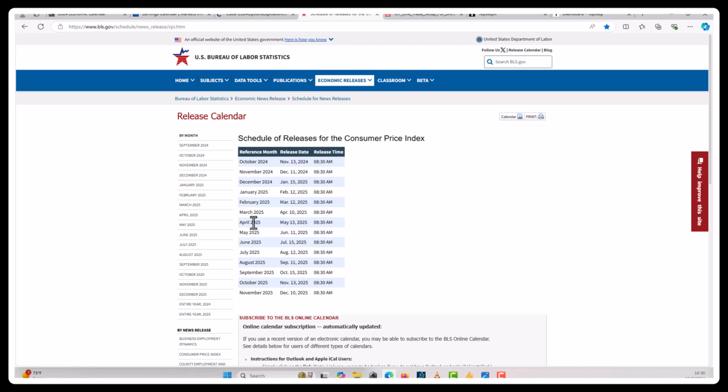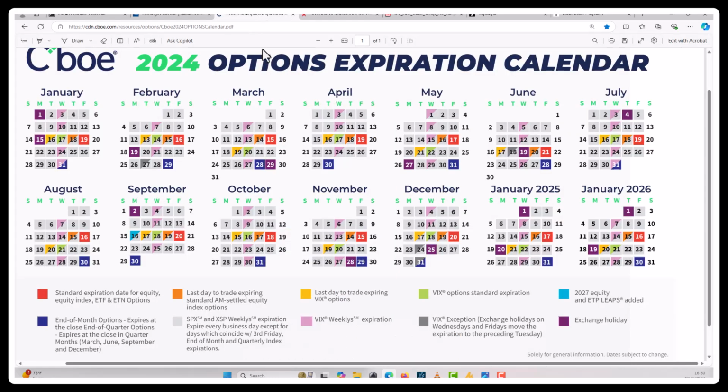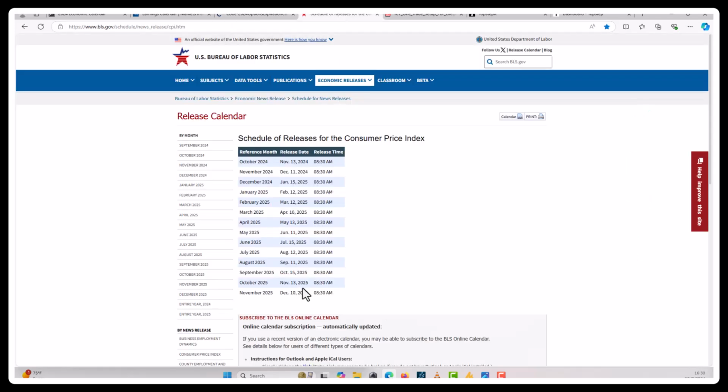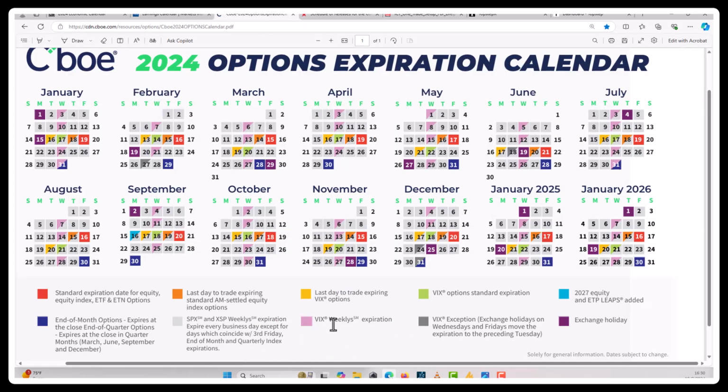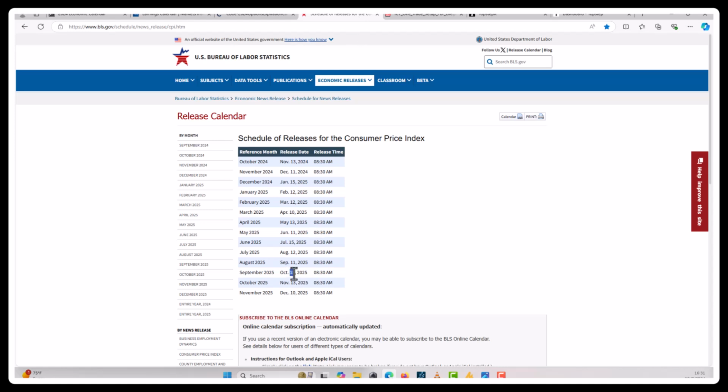Normally it's on Wednesday. Let's see, November 13. Yeah, Wednesday. So we don't know why this month it's on the 15th. Normally it's the second Wednesday of the month. Anyway, it is what it is.